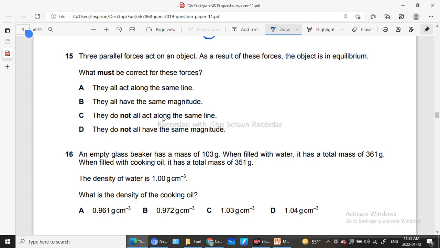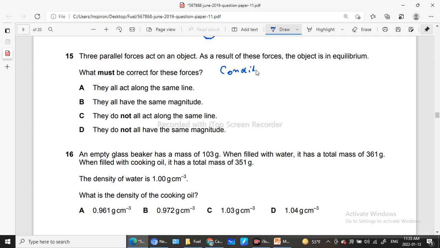The conditions for equilibrium, we have two conditions here. First condition is that the resultant force equals 0.